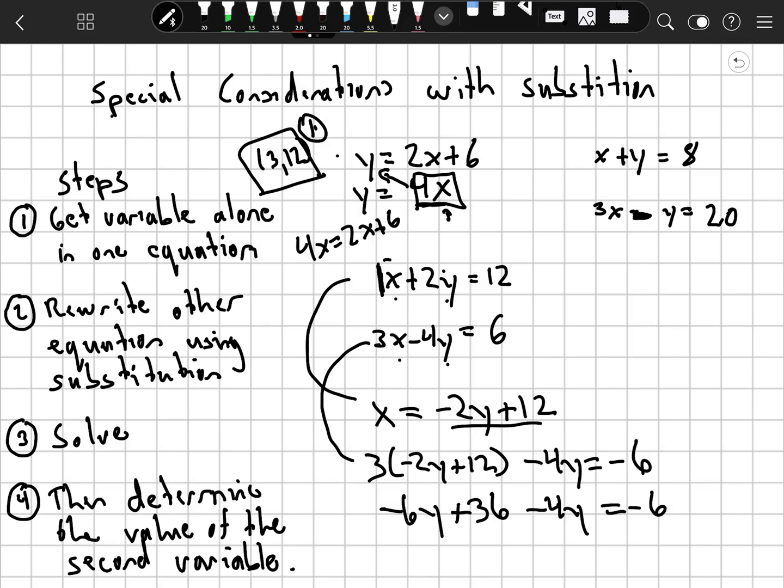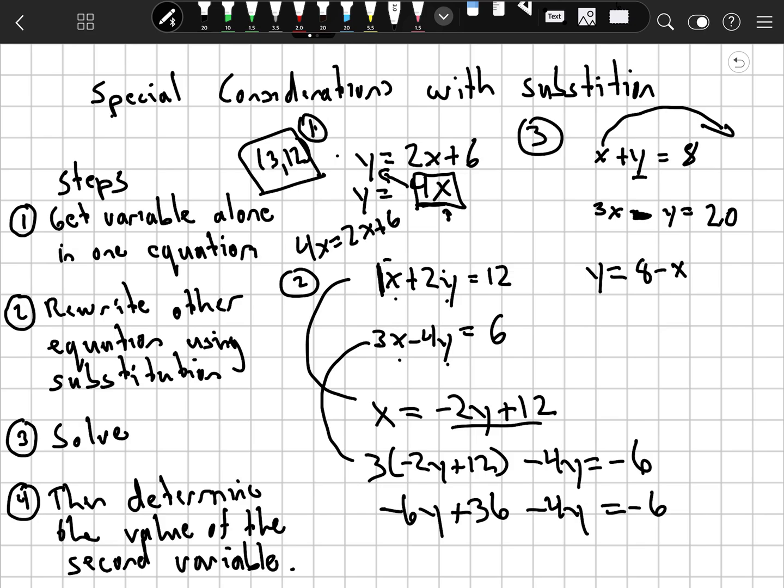Okay, I want to do this one up in the right corner with you. So that was number 2. Number 3, it says 3x minus y equals 20. I'm going to get y alone up here. So you subtract x from both sides. So we get y equals 8 minus x.